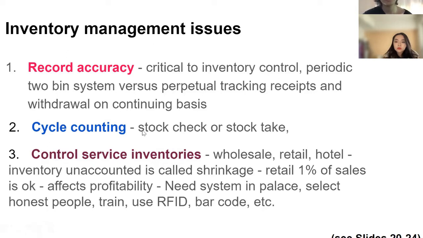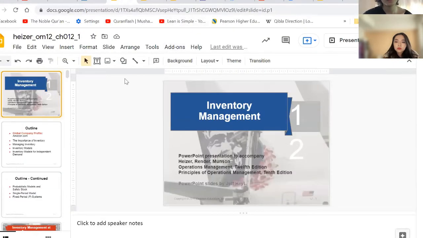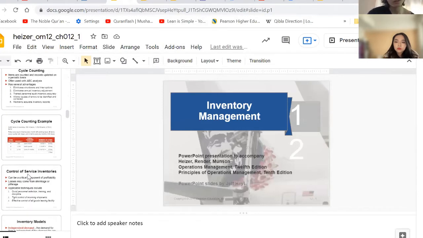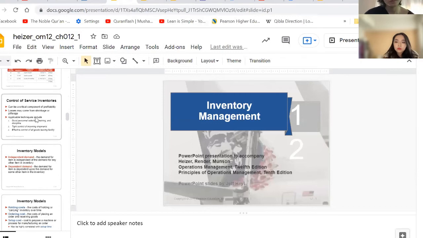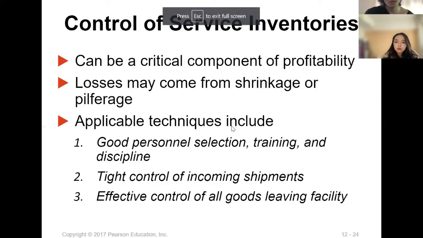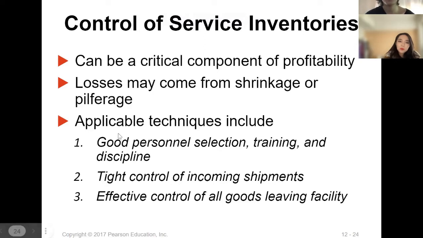I want to go to this Heizer slide, which is actually very good. Control of service industries: losses from shrinkage or pilferage, stealing.